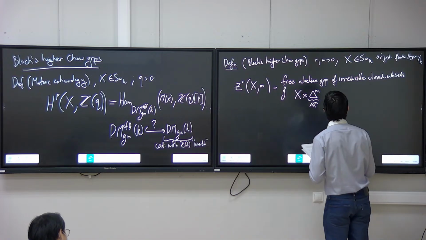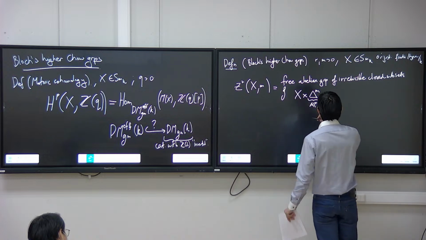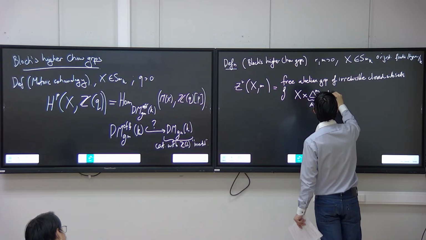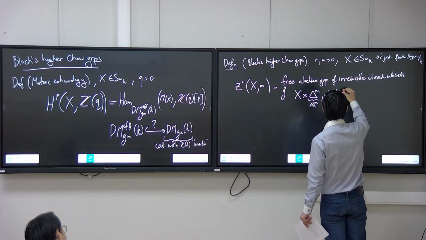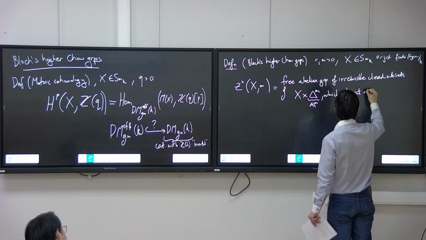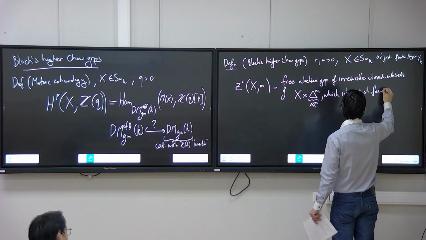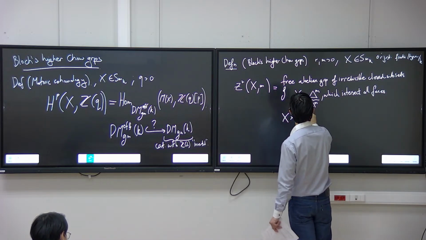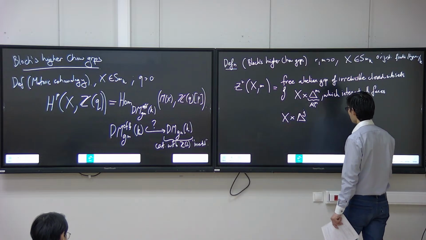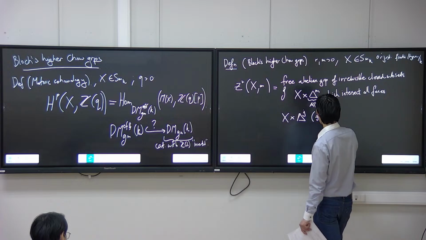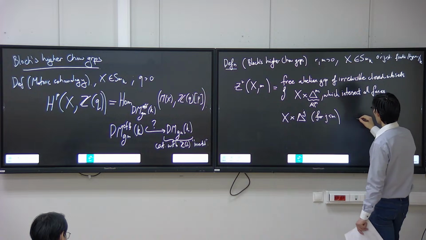The minimal thing you can say is the following: it's these cycles which intersect all faces of Δ^m properly. The faces are given by setting some coordinates to 0, so Δ^j for j less than m, which intersect all faces properly.